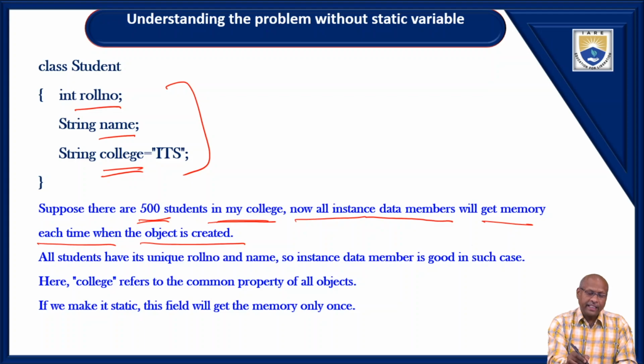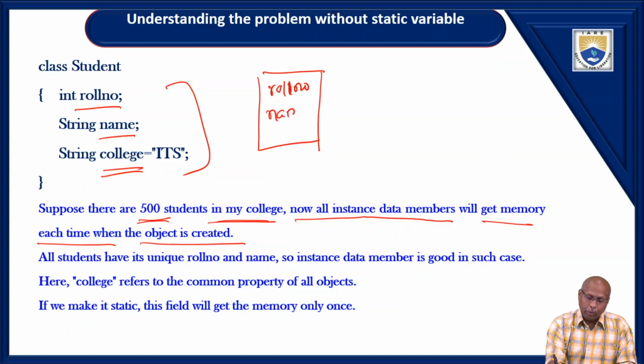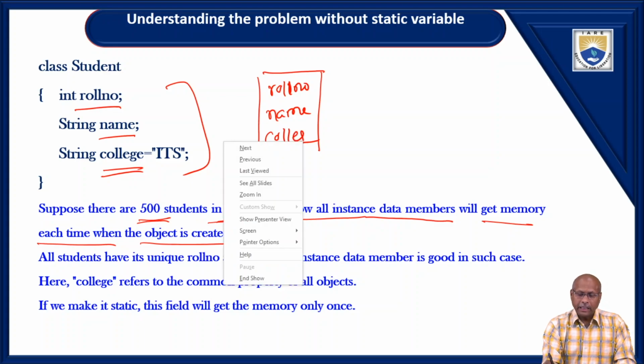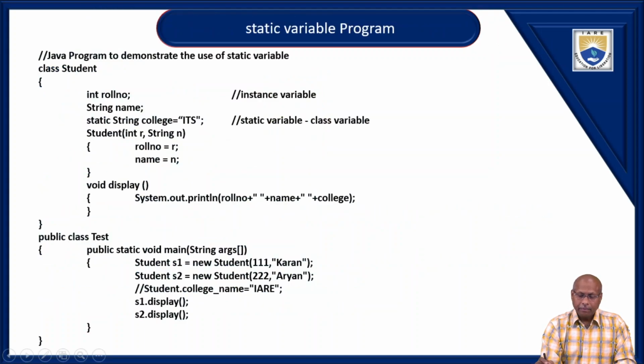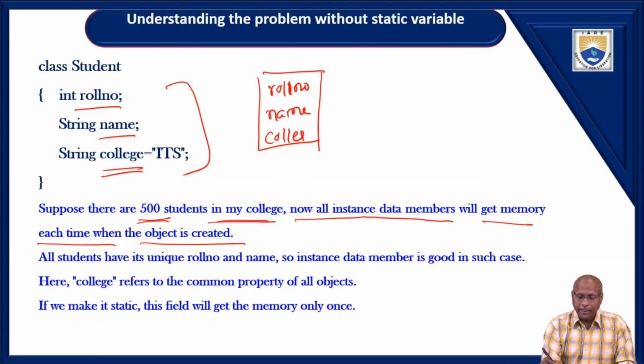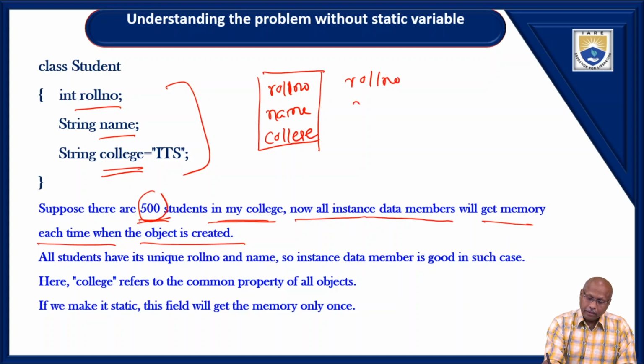So when I create an object, I will require memory for roll number, memory for name, and memory for college name also. How many objects? 500 objects. So again roll number, second object, name, again memory for college.